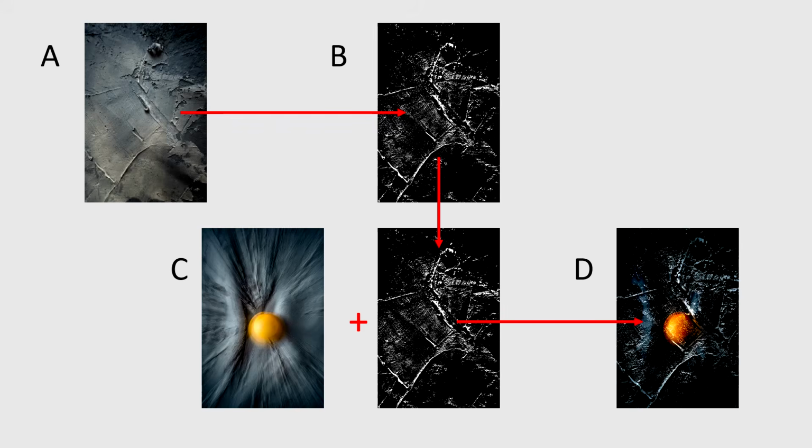Although this process sounds complicated at first, once you have taken the time to convert several images into texture overlays, I think you'll find the process to be easy and straightforward. Let's get started.